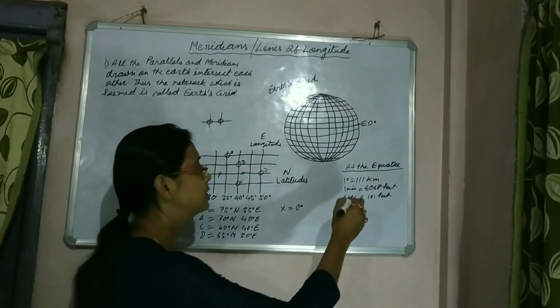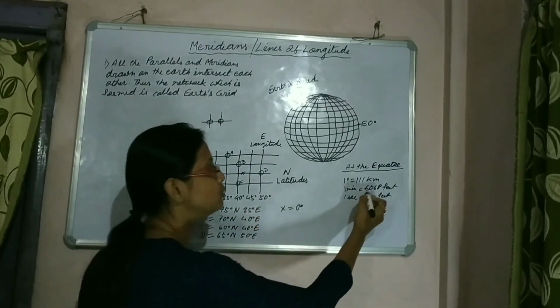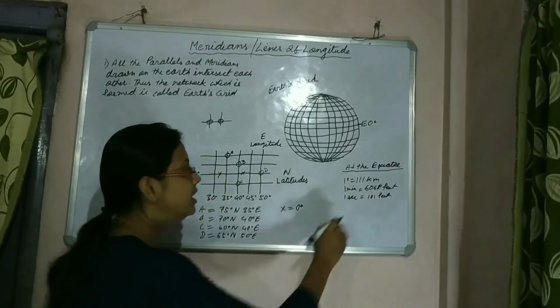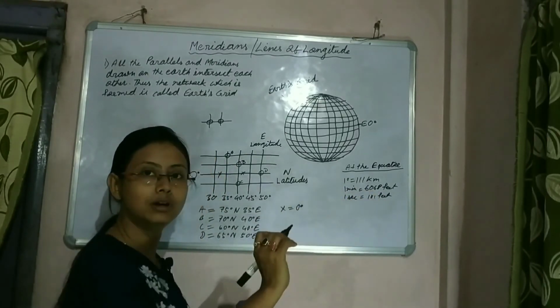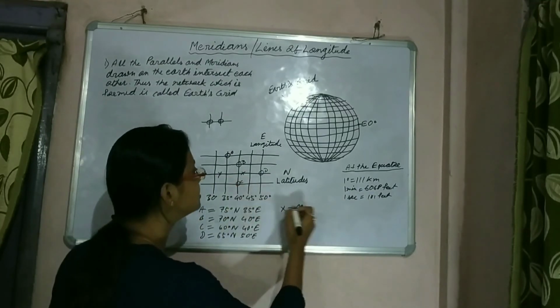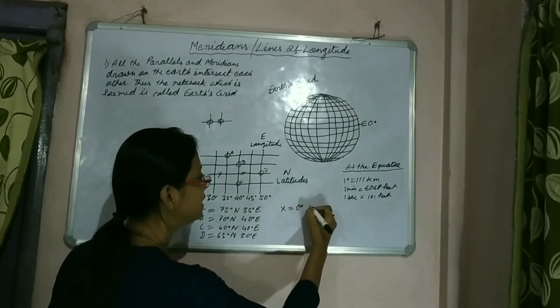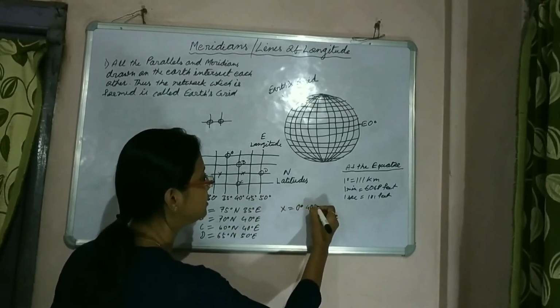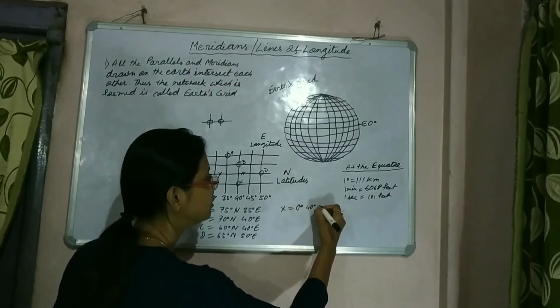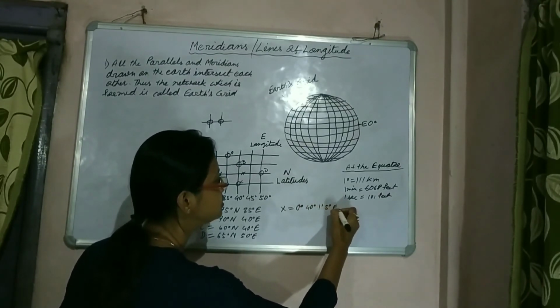My math is not that good. 1 minute equals 6068 feet, and 5 seconds equals 505 feet. So how will we write 1 minute and 5 second distance? 0 degree latitude and 40 degree 1 minute and 5 second east longitude.